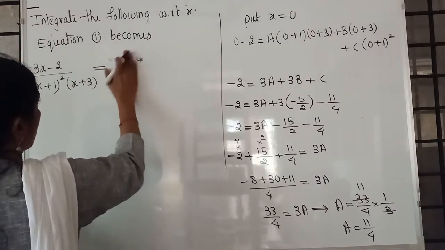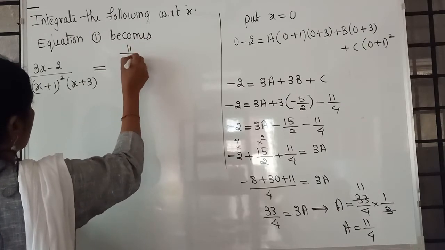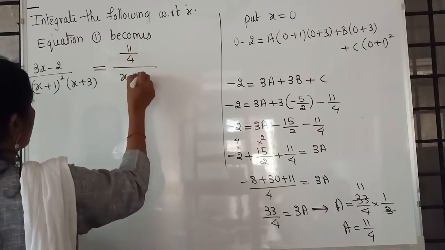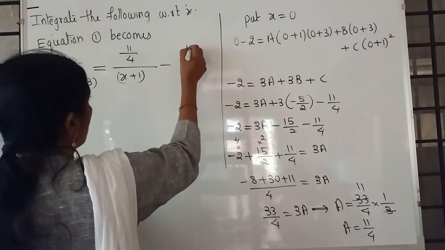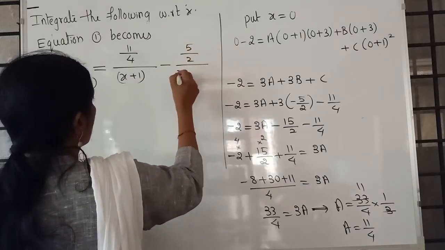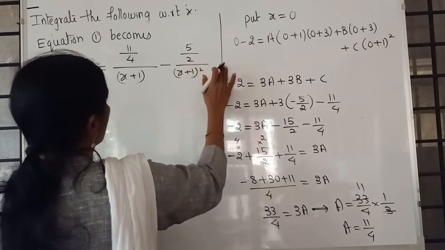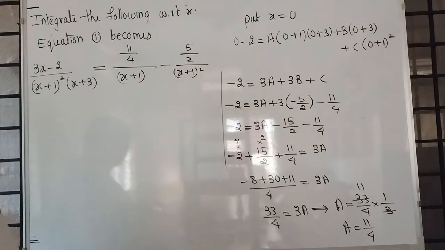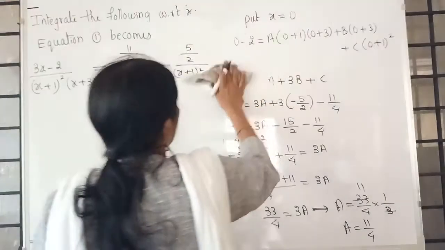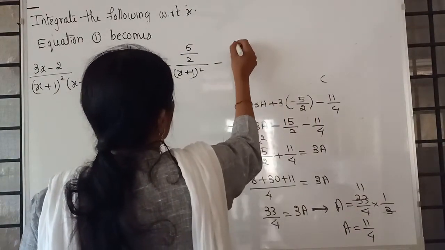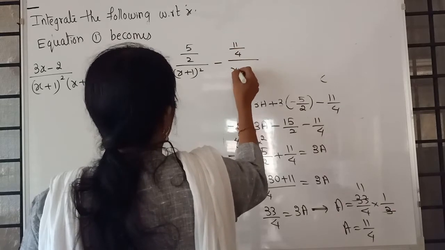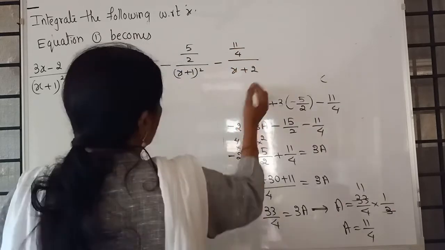11 upon 4. So better you write the fraction correctly. 11 by 4 into x plus 1. B value is minus 5 upon 2 into x plus 1 whole square. And what about c? C is minus 11 by 4 into x plus 3.